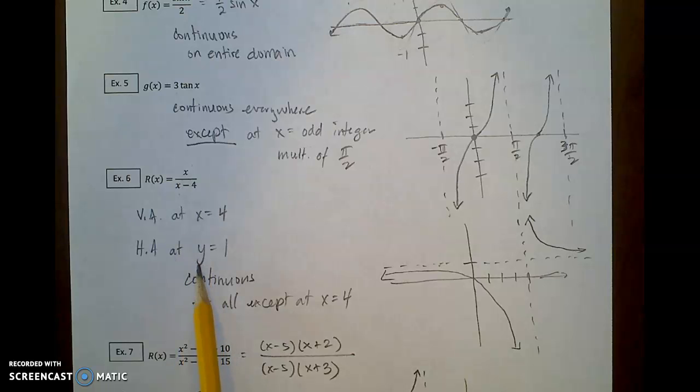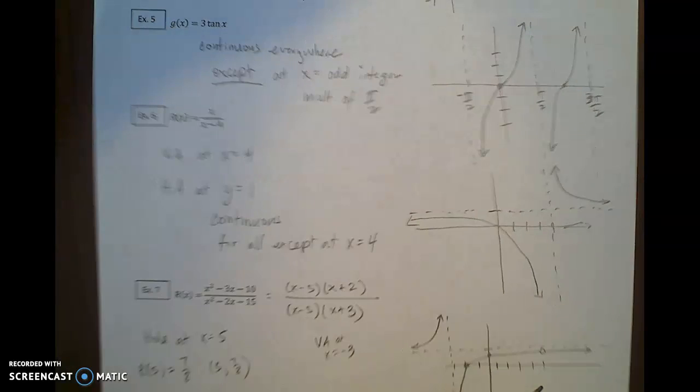Since they match, our horizontal asymptote is the ratio of the coefficients, 1 over 1, so y equals 1. So here's our horizontal asymptote at y equals 1, and here's our vertical asymptote at x equals 4. So we see this function is definitely continuous, except for when we have an x value of 4.